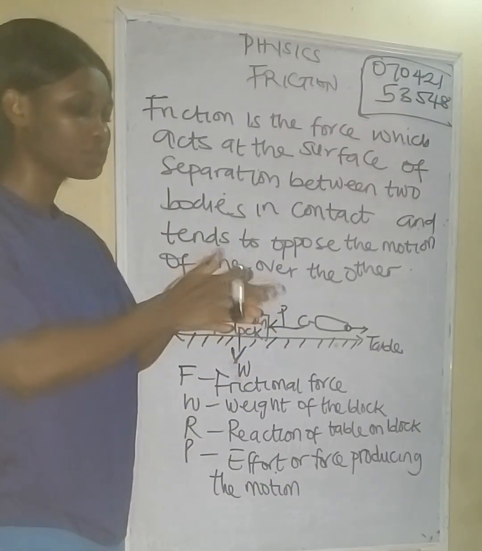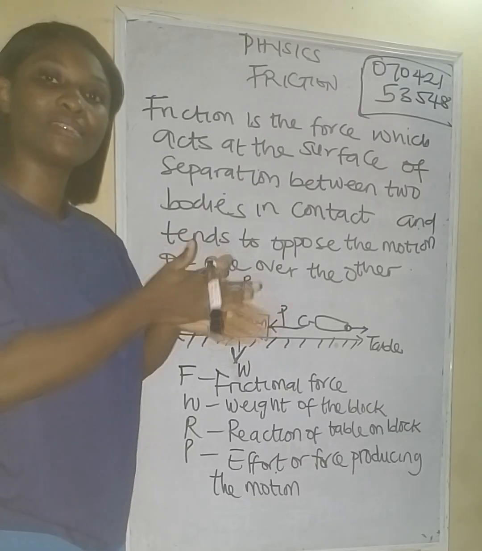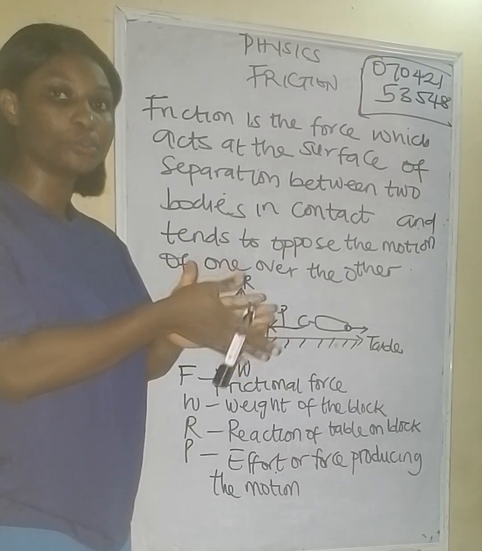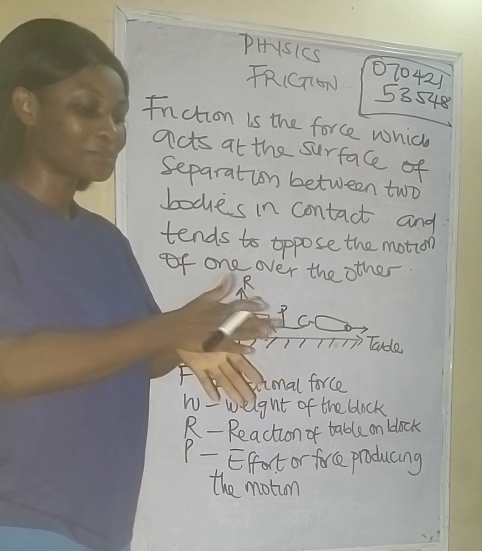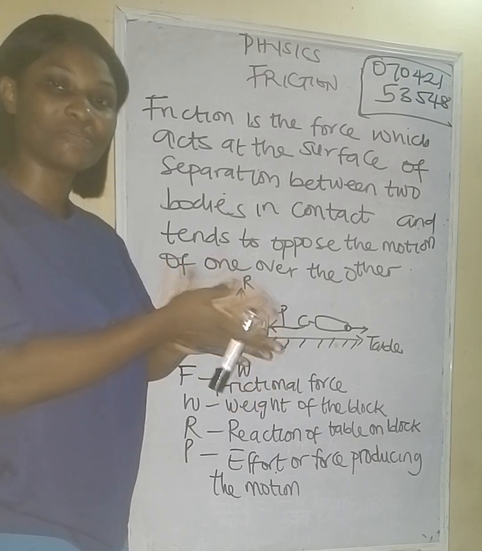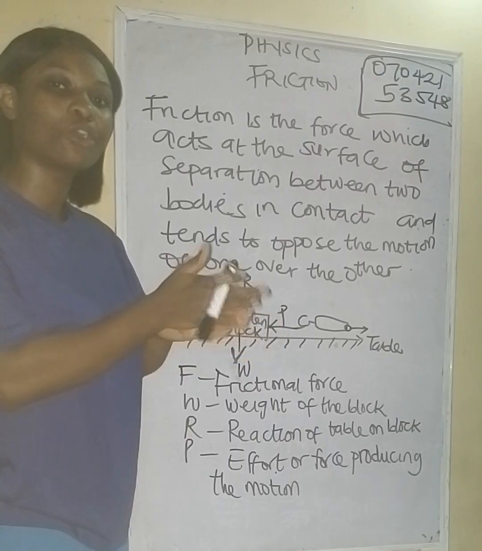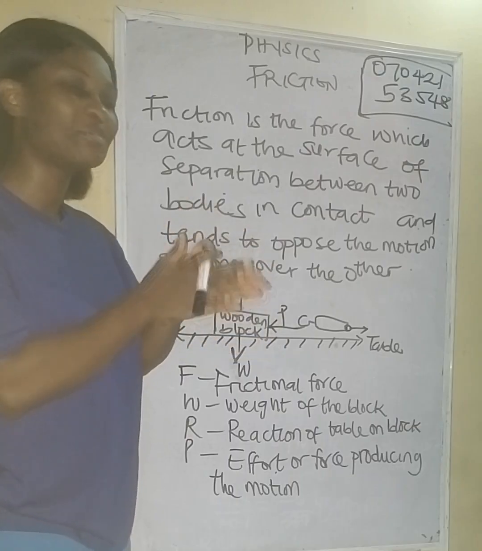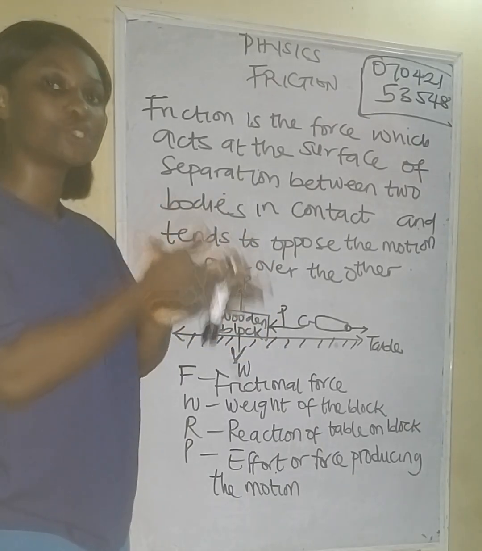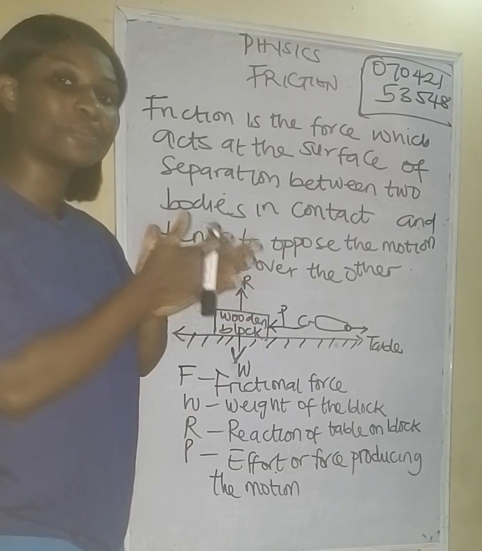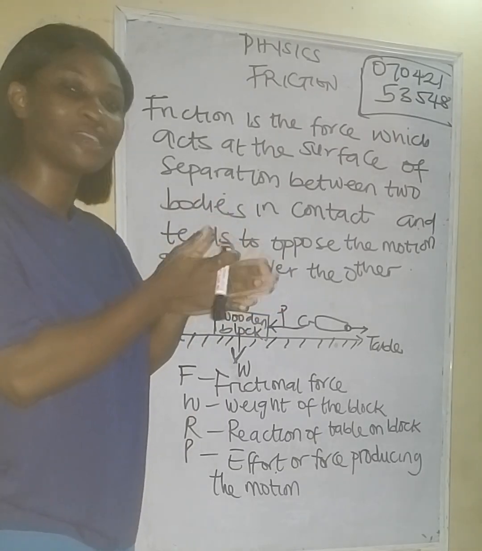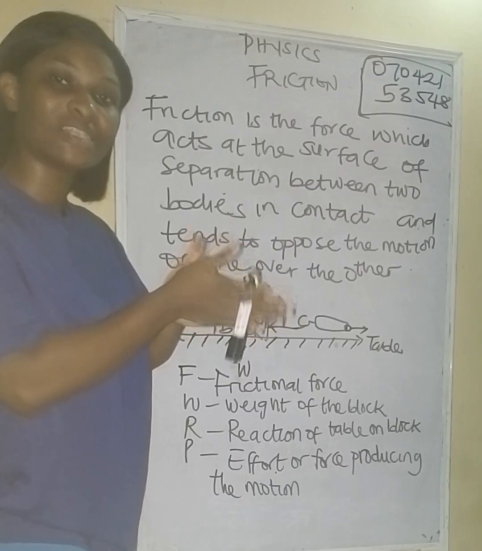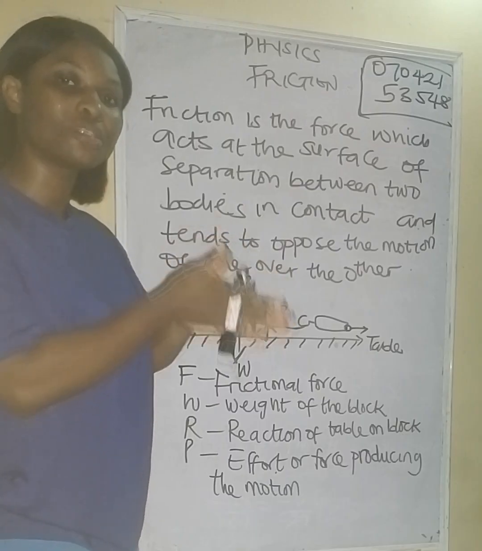Normally, as I'm rubbing my hands, they are meant to be slippery, but they're not. Instead, friction appears whenever I rub my hands, and my hands become hot. Whenever you rub your two hands and you feel heat, that is what we call friction. So friction has taken place.